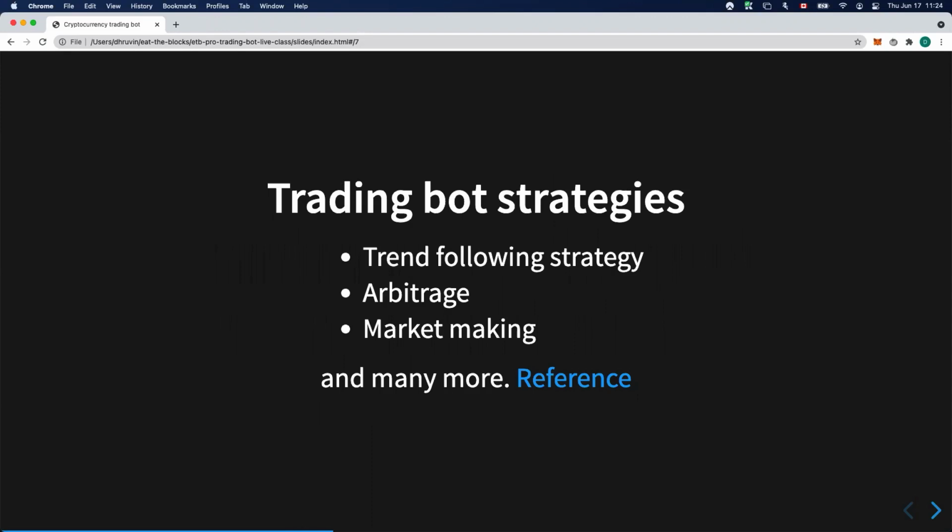So, at a very high level, listing the strategies of the trading bot: one would be trends. For example, you are not worried about the sentiment, and you don't look at the differences in prices across exchanges.